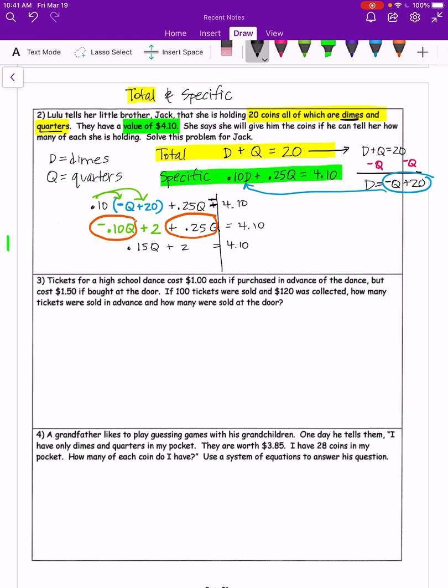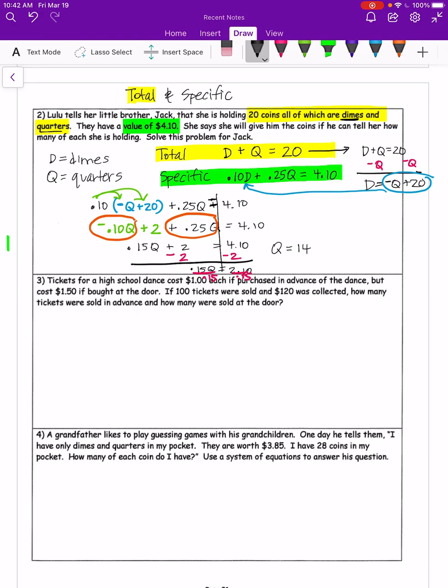Now I'm going to subtract 2 from both sides. And so that gives me 0.15Q equals 210. Now I'm going to divide by 0.15 and divide by 0.15. And so then Q is equal to 210 divided by 0.15, which is 14. So that means they have 14 quarters.